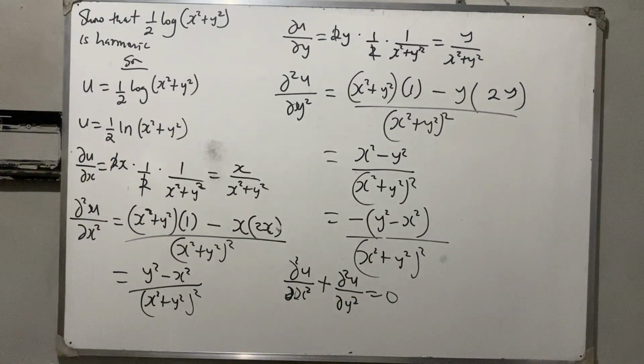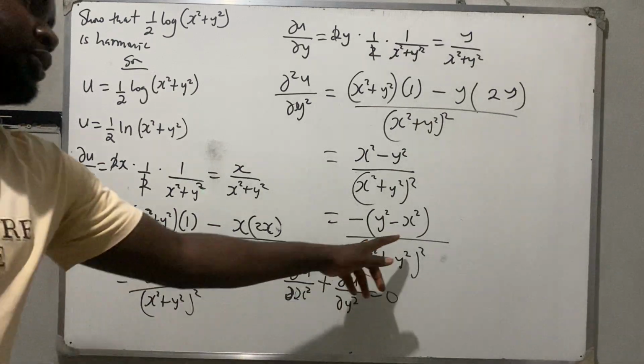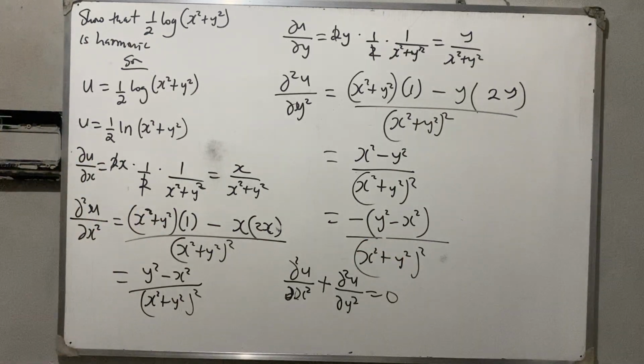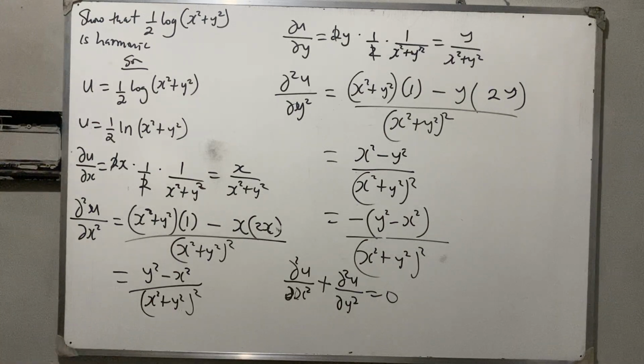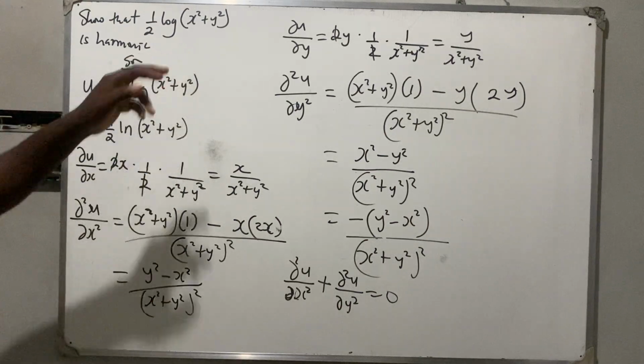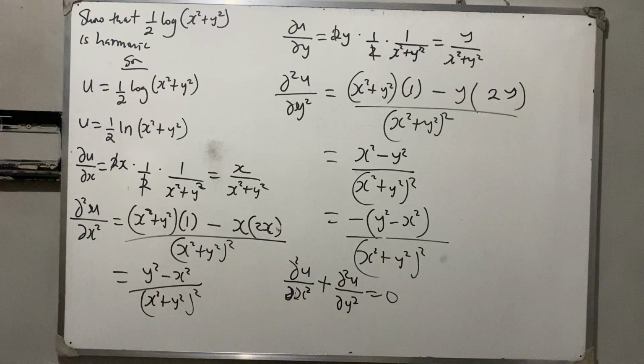Now if you add this and this, will you get 0? Yes. Why? Because they are just opposite signs of each other. So as simple as that. What does it mean? It means that this function is harmonic.